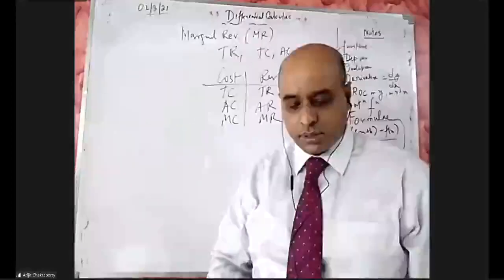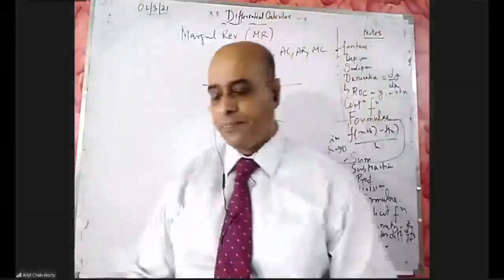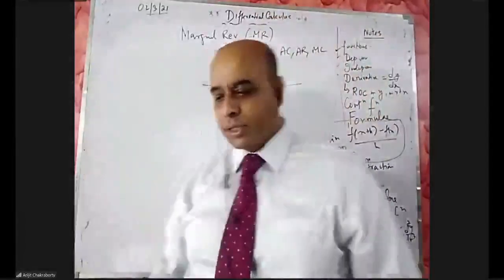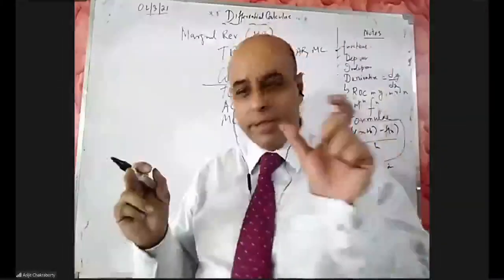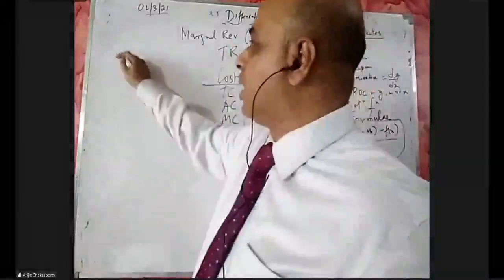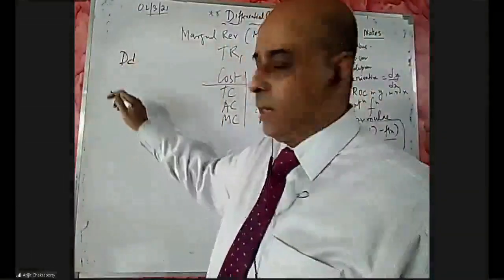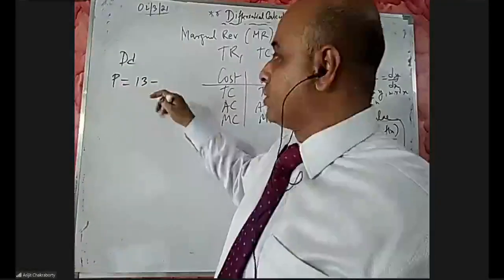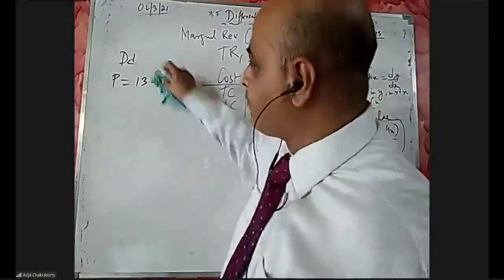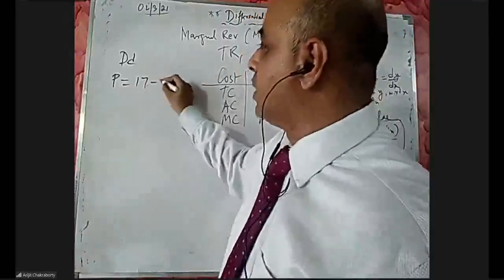So based on this question in the exam, model test paper question, it is given that a firm is having a demand, and the demand is given by P is equal to 17 minus 3Q. 17 minus 3Q.